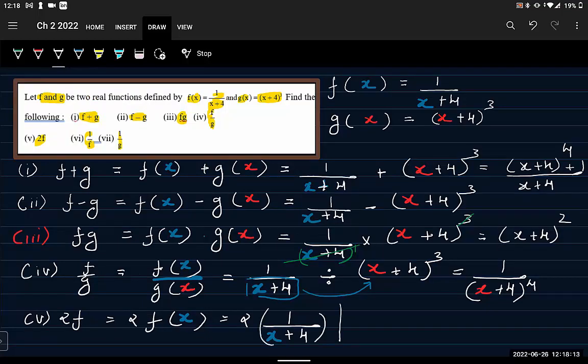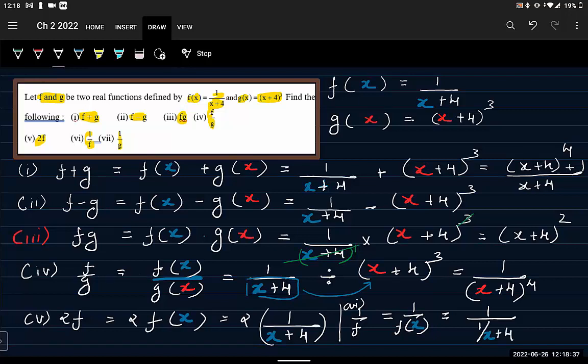The next sub question says 1 upon f. 1 by f is just finding the reciprocal of the function. So it would be 1 upon f of x, which is equal to 1 upon 1 upon x plus 4.